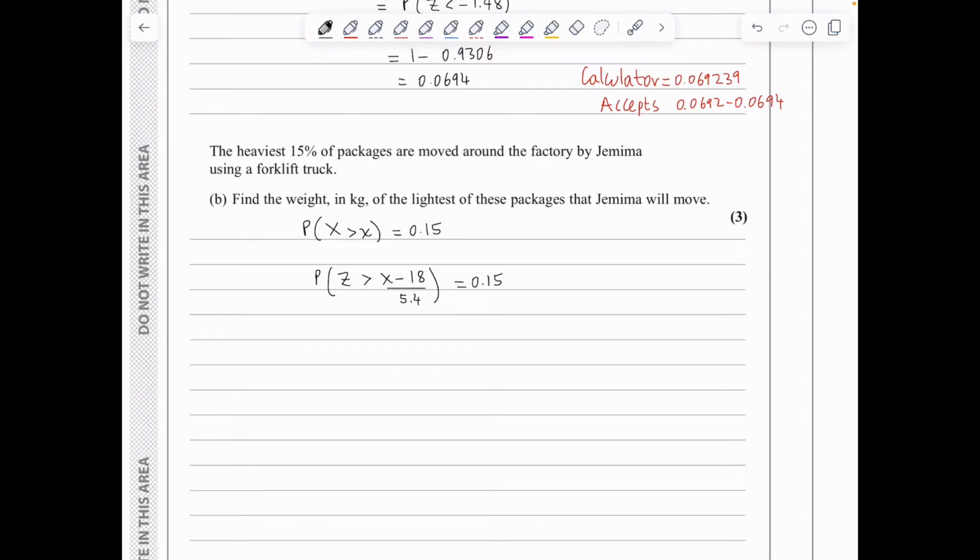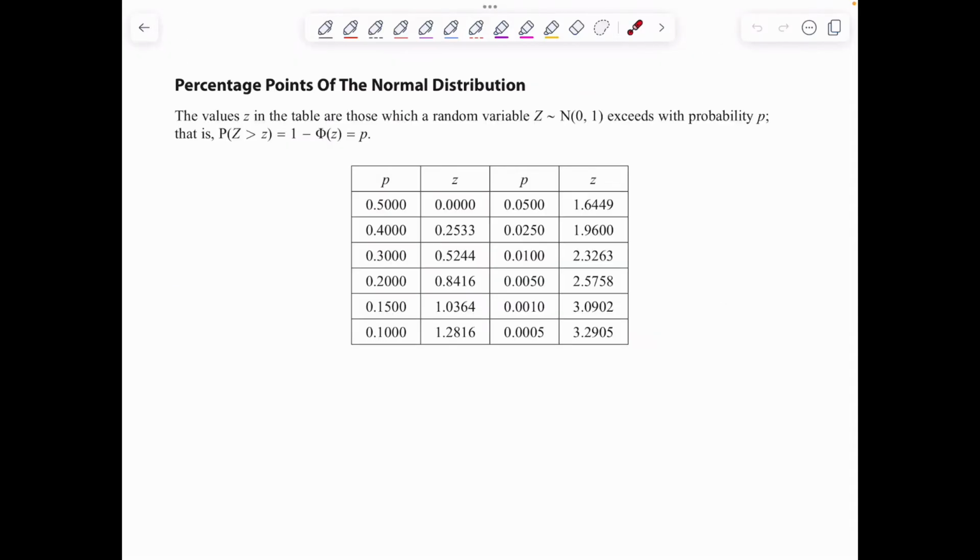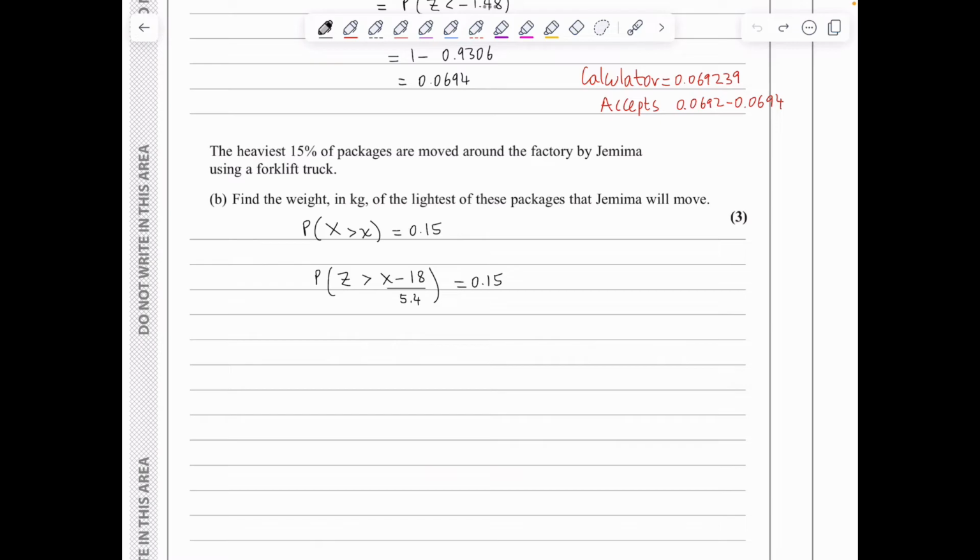And for me to extract the corresponding z value, I will be using the small table of values from the normal distribution. So the table is giving the probability of exceeding a specific value. I go for 0.15 and I read off 1.0364, which means that (x minus 18) over 5.4 is equal to 1.0364.